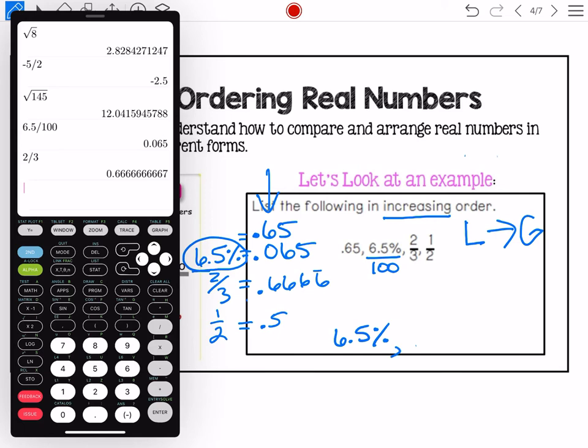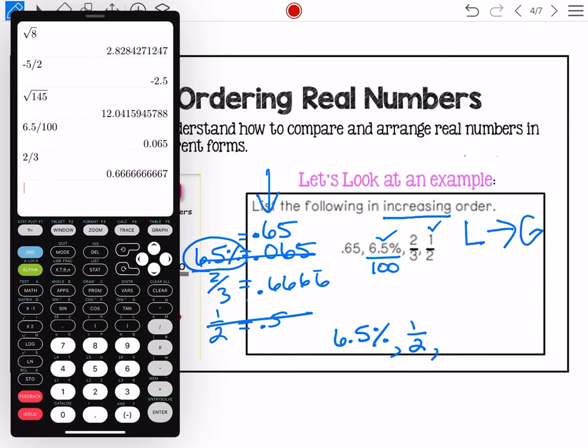Then, we can cross this one out here, put a check mark here. Next, we have, still looking at that tenths place, 6, 6, and 5. Obviously, we know that 5 is smaller than 6, so 1/2 is going to be second. Mark that out. Our next one, we have 6 and we have 6.